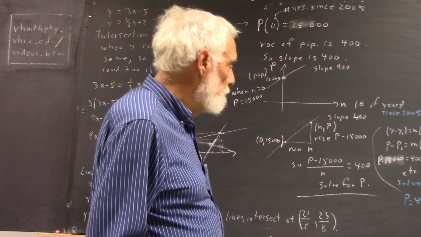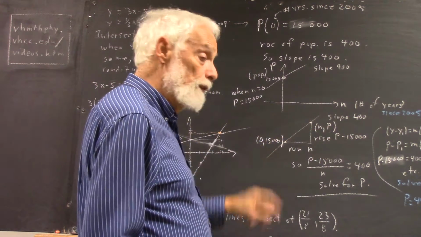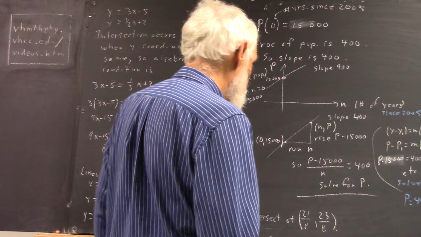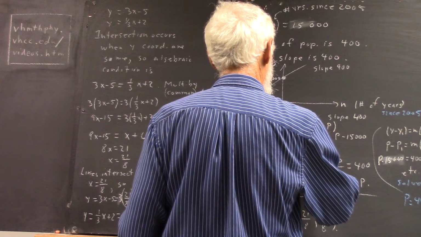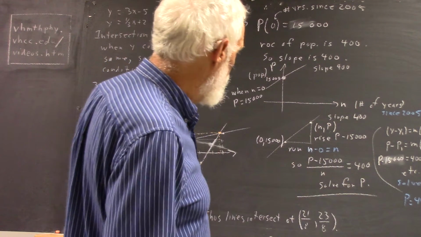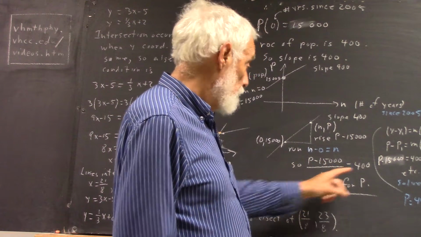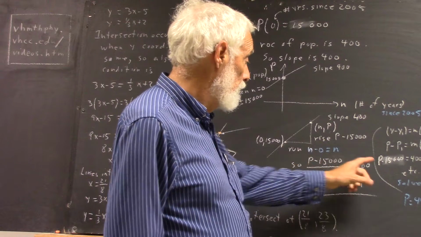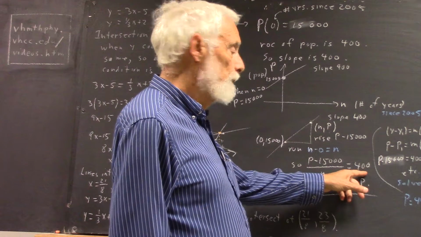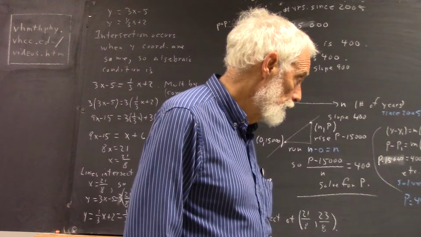So this point is n, p, the rise is p minus 15,000, the run is n minus 0, which is just n. So our slope is rise divided by run, p minus 15,000 divided by n, and our slope is 400. So we set this equal to this and solve for p. We're going to get the same thing. We're going to multiply both sides by n, that'll give us 400n, and then we're going to add 15,000 to both sides, that'll give us our plus 15,000.